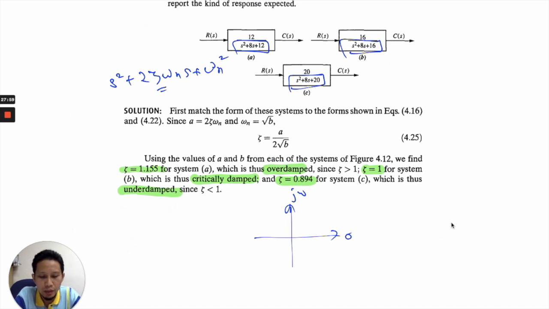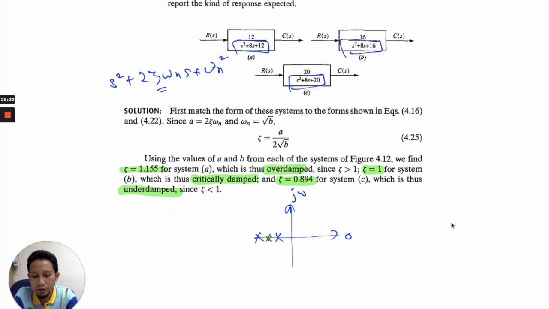For question A, the value of zeta is actually greater than 1. We know that in this case the poles are located on the real axis. We have two poles at different locations, which means it is overdamped. For question B, we know that it has two poles at the same location, which means the response of the system is critically damped.